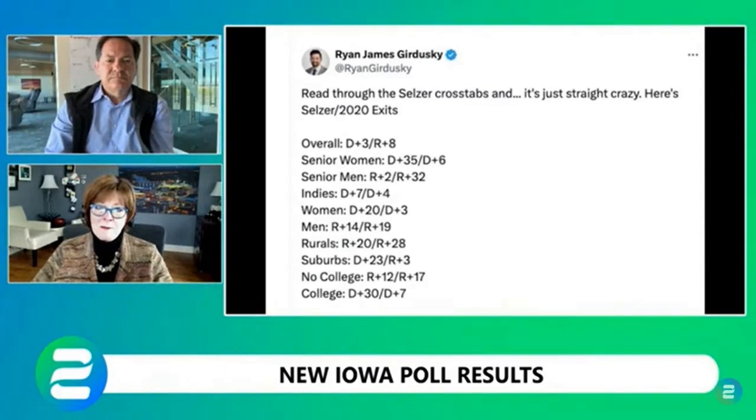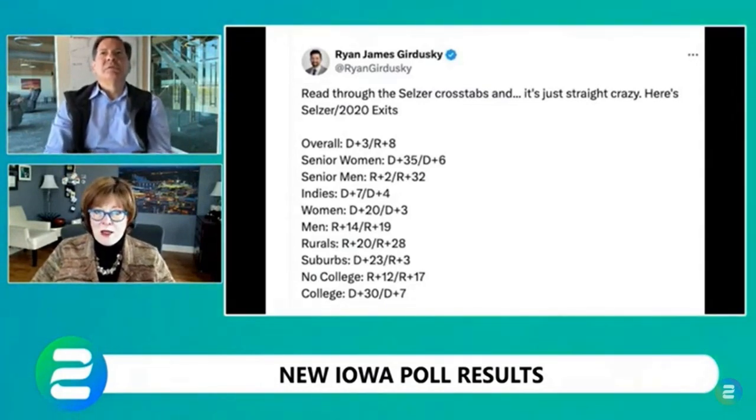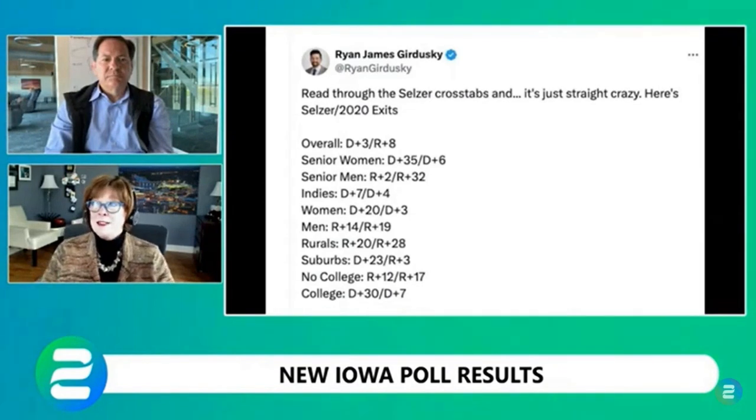It's a big, big spread. The truth of it all is I don't go back to the previous exit polls to see how my data align with that, because it doesn't matter. I expect there to be dynamism in how the electorate forms itself from poll to poll, from cycle to cycle.